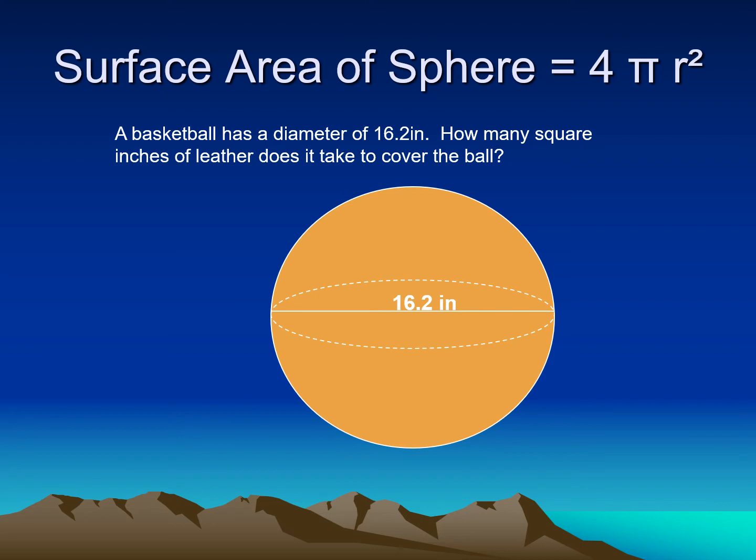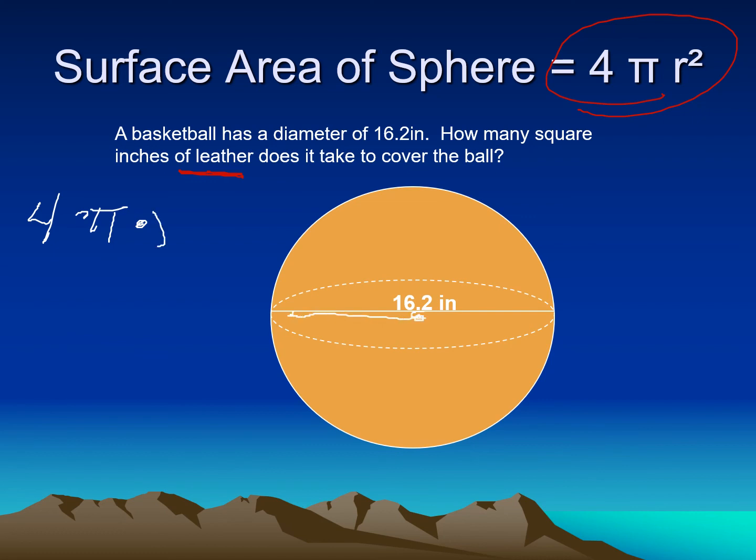But 4 times pi times radius squared, you take one circle and you say 4 times bigger, and that's the outside surface area. So like we had the basketball, we want to know how many square inches of leather does it take just to cover the outside. You use this formula, 4 pi r squared. And so that would be 4 times pi times the radius. 16 is not the radius.